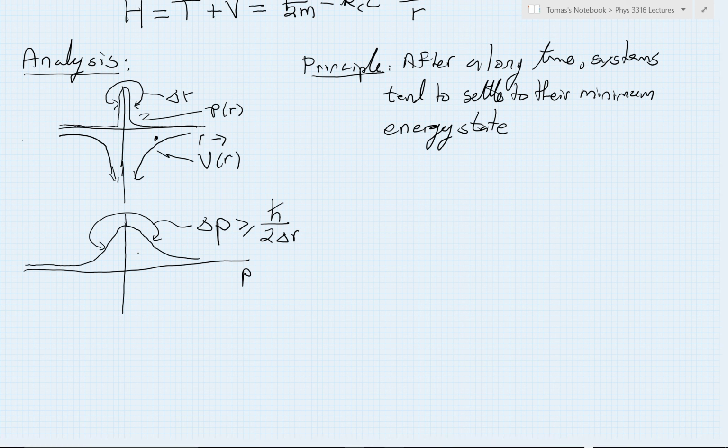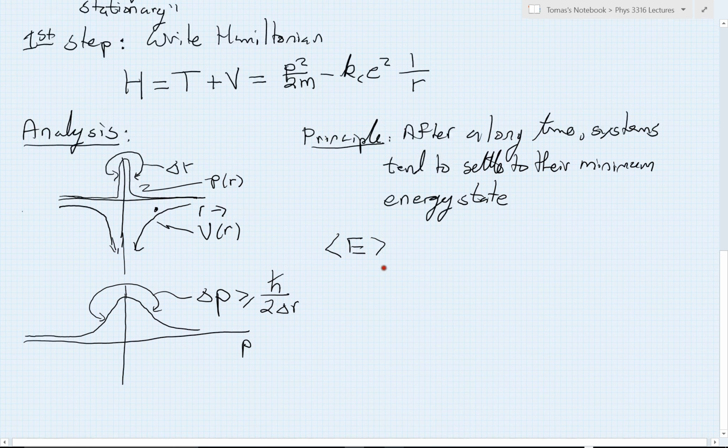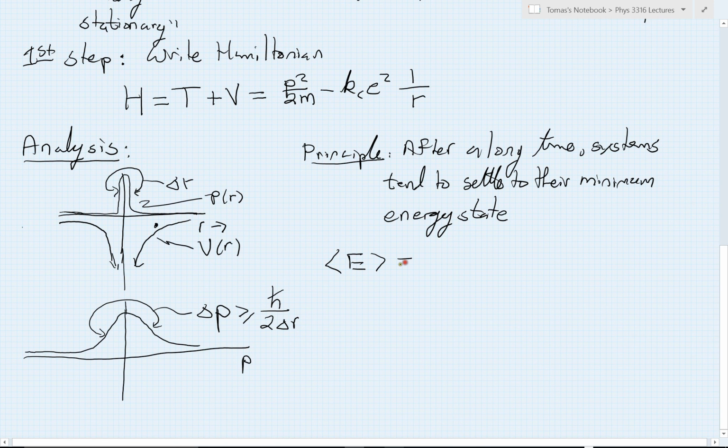Now, our task now becomes trying to estimate the least possible energy that we could obtain on average. So the average energy of our system, which we eventually are going to try to minimize, right, is actually equal to the average of the sum of these two terms, which represent the energy, right? The Hamiltonian, numerically speaking, is equal to the energy.